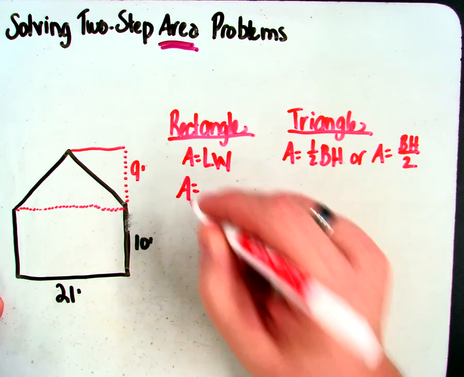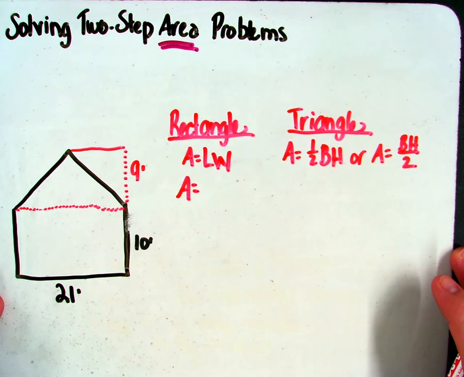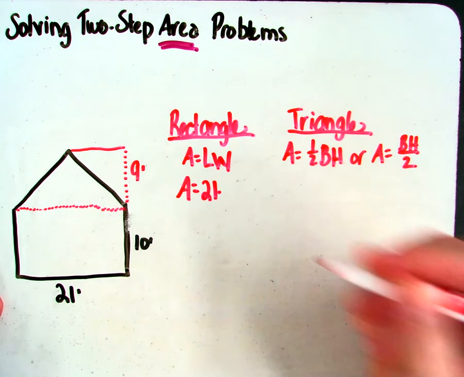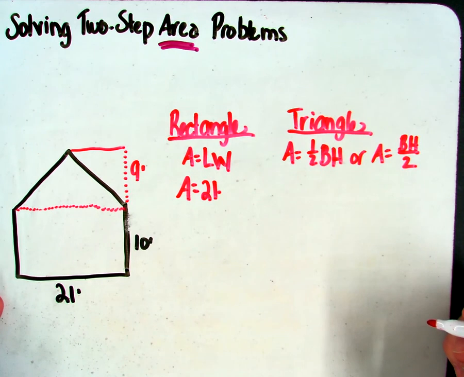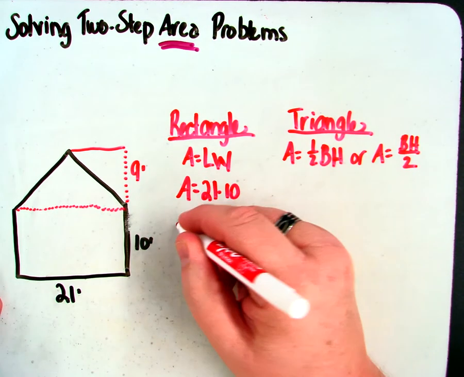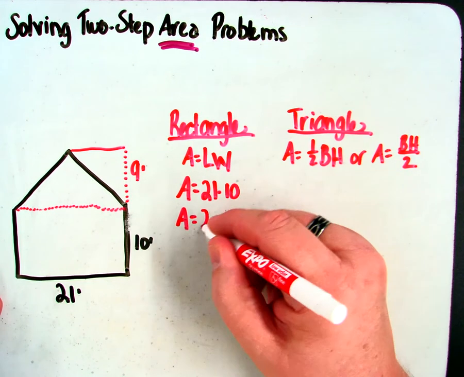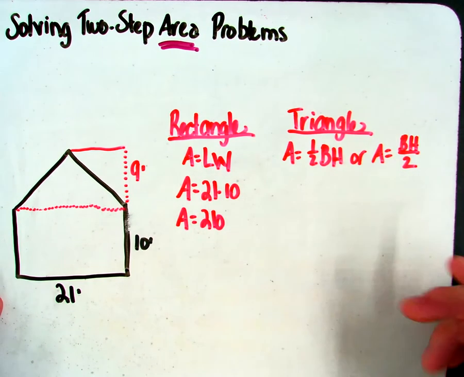Now, looking back at our rectangle, what is our particular length? Yes, 21. And what is our width? Yes. And 21 times 10 is, yes ma'am, it is 210 square feet.